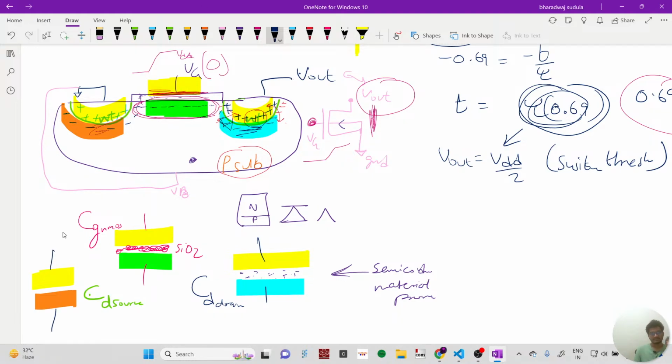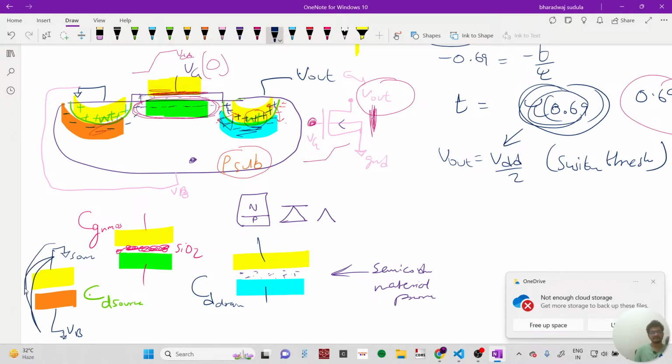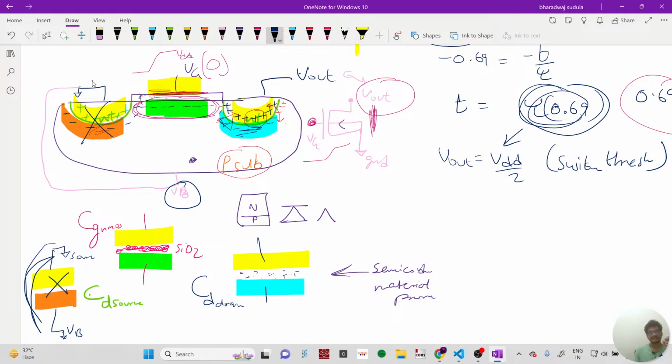Here what happens is it is connected to source and this is connected to bulk, which is again grounded. So there is no potential difference between these two points and this capacitance. There is no charge on this capacitor. So we ignore this. Usually we ignore source capacitance when the terminals of the body and source are shorted.